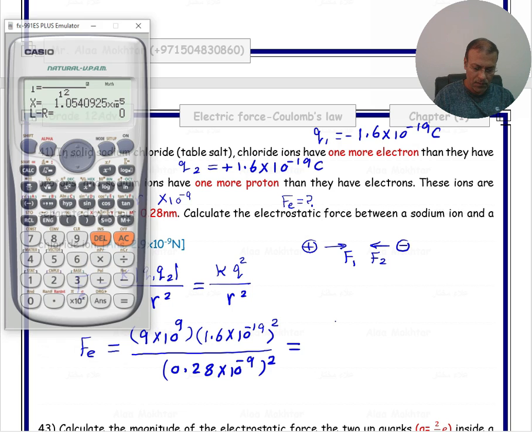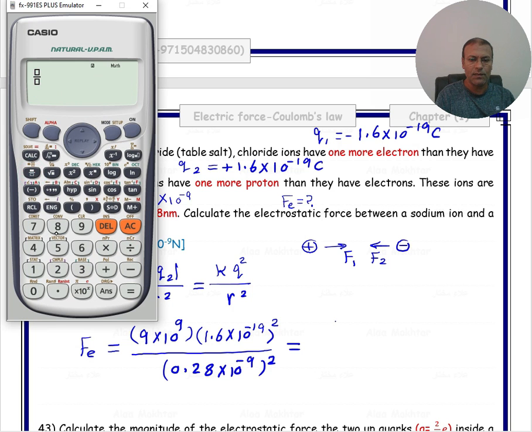Using your calculator to find the answer: fraction 9 into 10 power 9 times 1.6 into 10 negative 19 squared over 0.28 multiplied 10 to the negative 9 squared.